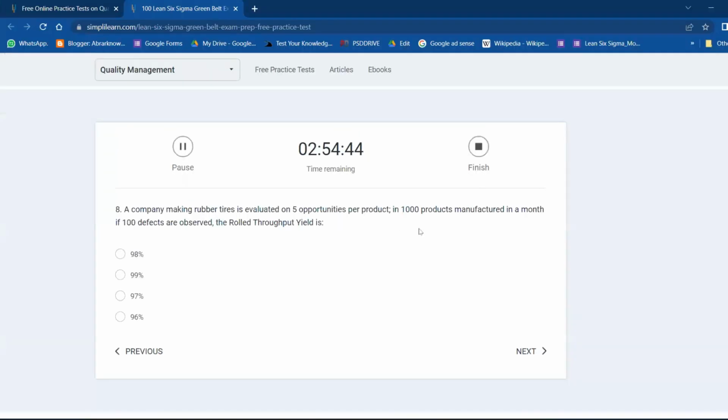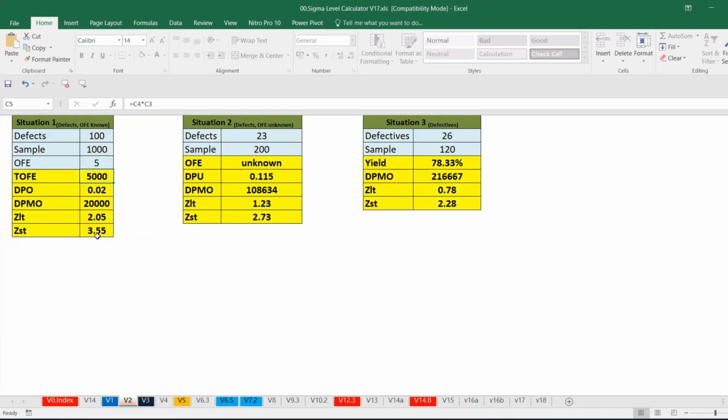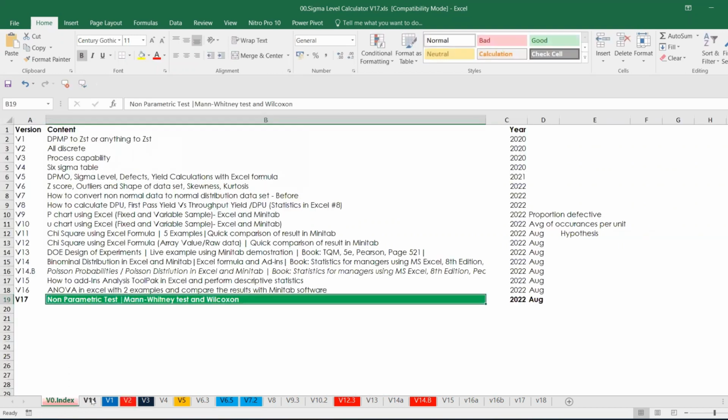So what is the rolled throughput yield? We can do it multiple ways. If it is 20,000 DPMO, we can find out, or we can find out anything. So we need to find the percentage, so go to that first page.